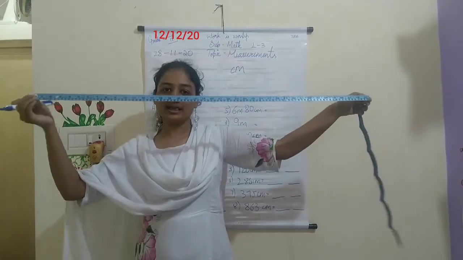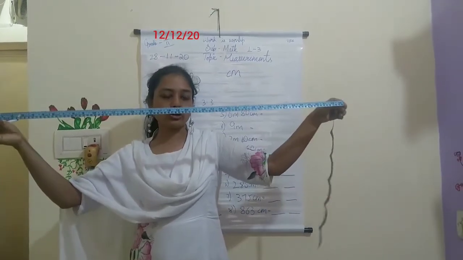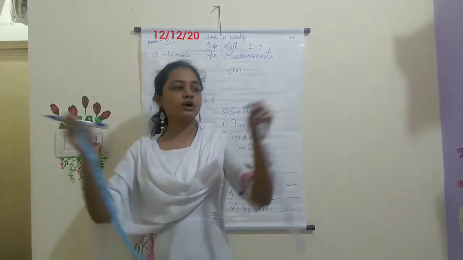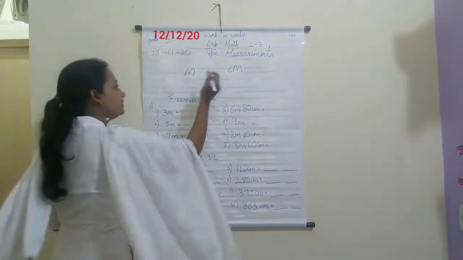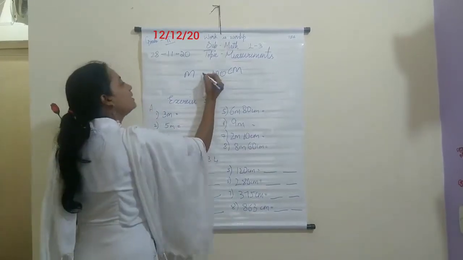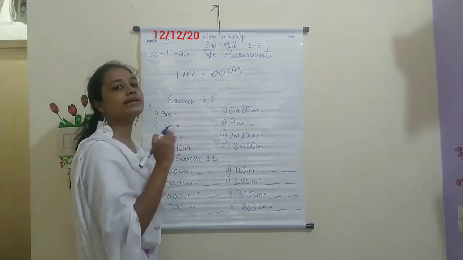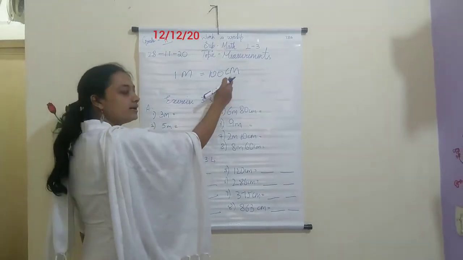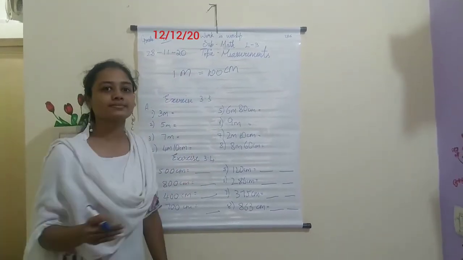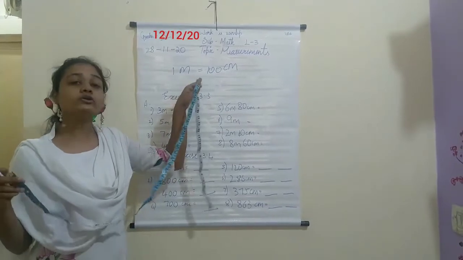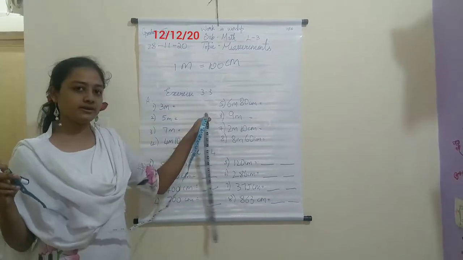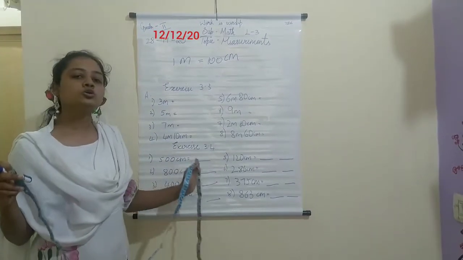That means this length which I am showing you is nothing but 1 meter. So both are equal. You have 100 centimeters, you can also say it as 1 meter, because both are the same. So now we are going to use this number and convert from meters to centimeters and from centimeters to meters.